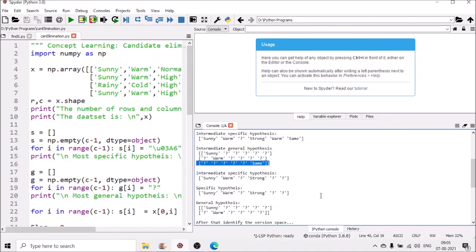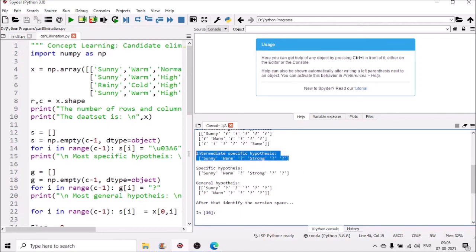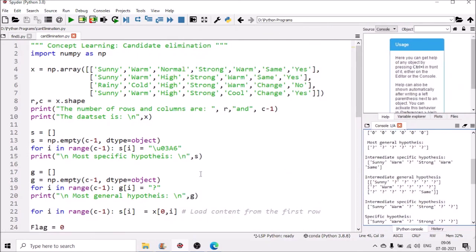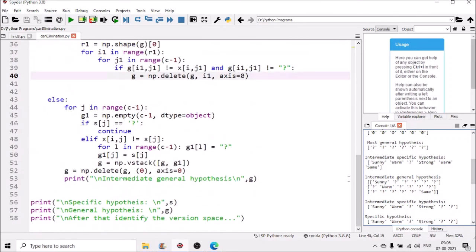After that, the intermediate specific hypothesis is this one, the specific hypothesis is this one, but in the general hypothesis this particular hypothesis is not present. That means actually it is an incomplete program. After that, you have to identify the version space. You have to identify the combination of the attributes to get the version space. So please check it yourself.